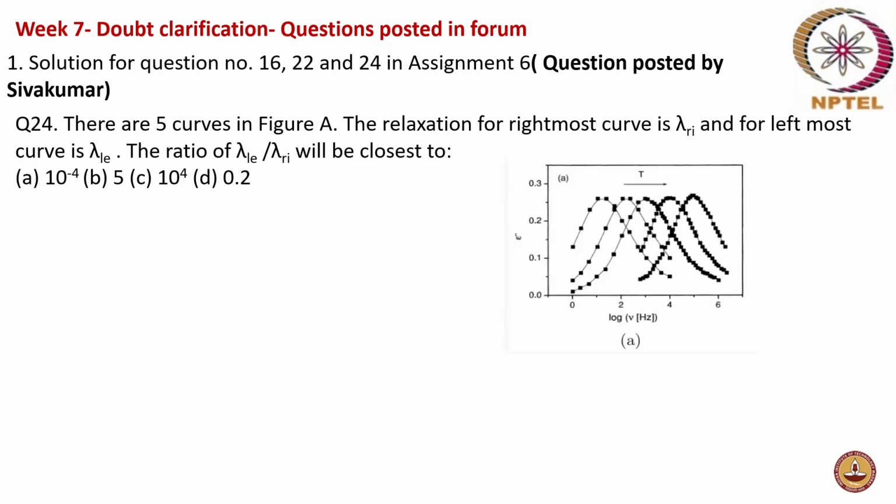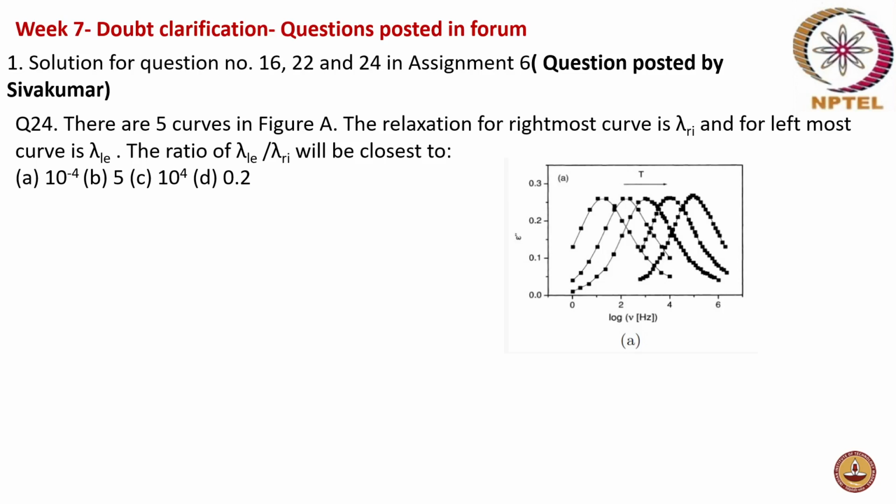So you have the curve. Now tell me, how do you identify? The peak of the rightmost curve is around 5, and the leftmost curve, I would say, is 1. So your frequency is 10 power 5 for the rightmost and 10 power 1 for the leftmost, right?